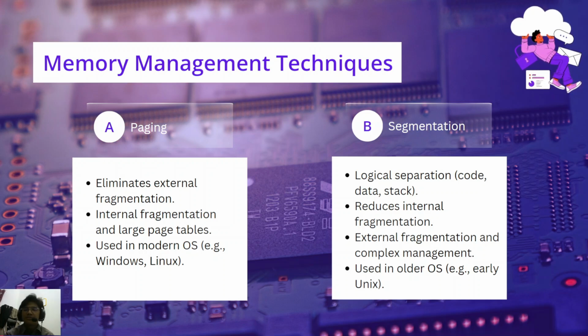For segmentation, firstly, logical separation of code, data, and stack. Second, it reduces internal fragmentation. Third, it has external fragmentation and complex management. And it is used in older OS such as early Unix.